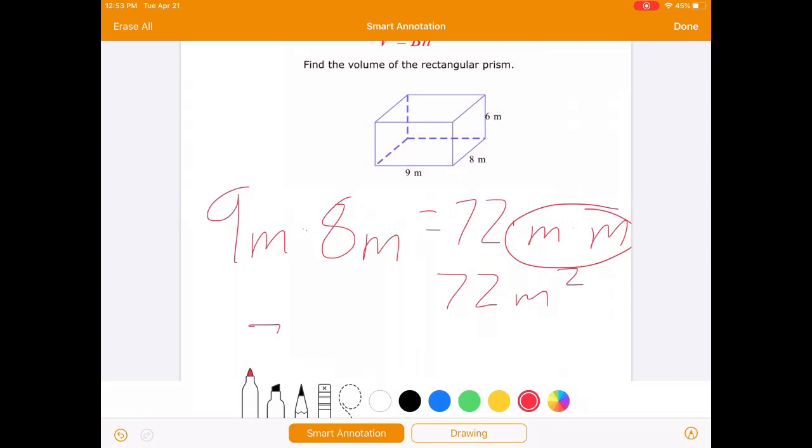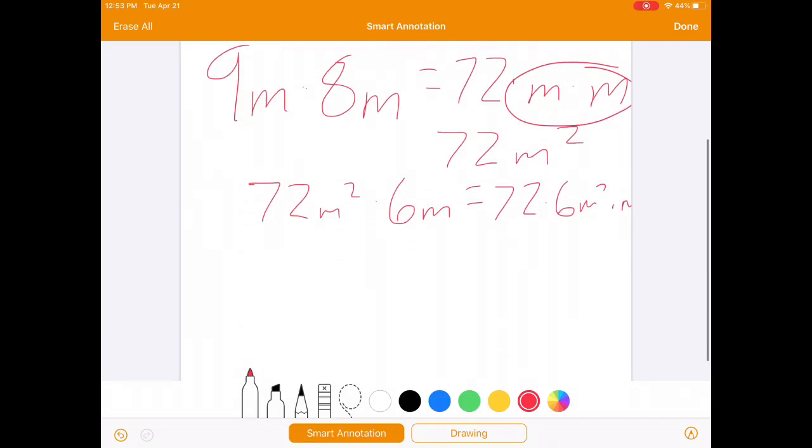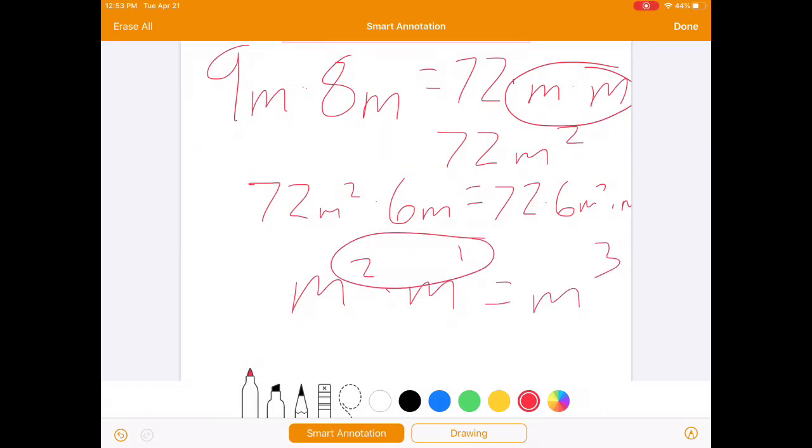And then when we took that 72 meters squared times 6 meters, we're really looking at 72 times 6 times meters squared times meters. And meters squared times meters, technically there is a 1 as an exponent there. Add those two exponents, that's how we got cubic meters out of that. So that's why it was 432 cubic meters for volume.